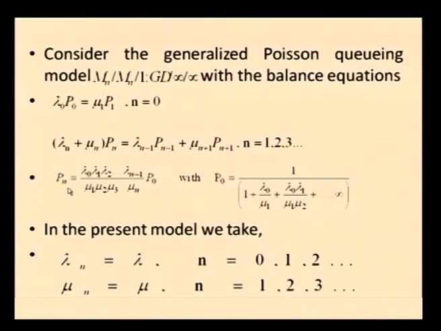So, we go back to the balance equations and the Pn and P naught which we saw a few minutes earlier. In the present model we take lambda n to be equal to lambda, mu n to be equal to mu, n equal to 0, 1, 2, 3 and so on, whereas for mu n it should be strictly from 1 onwards.